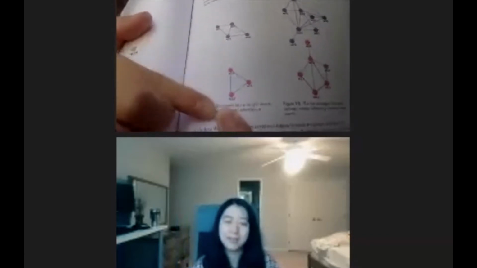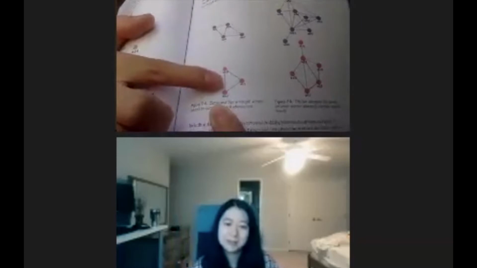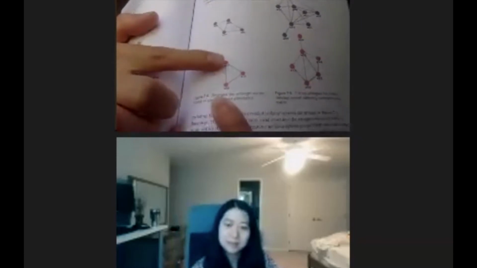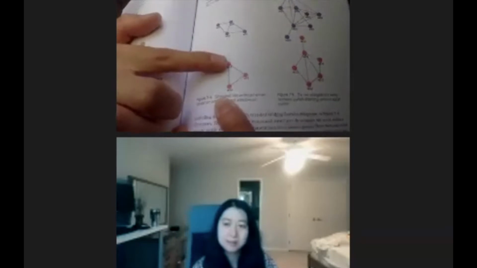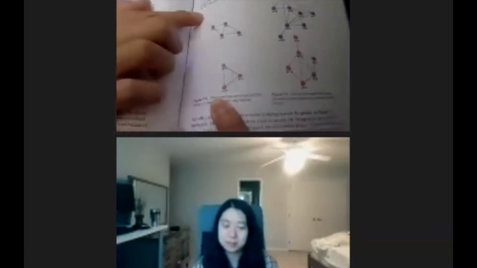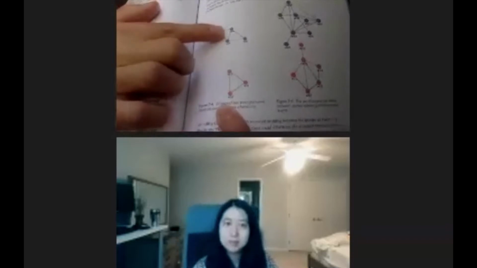And then there's a separate group of 3 women that go to some other 4 events, but are not connected with these 4.